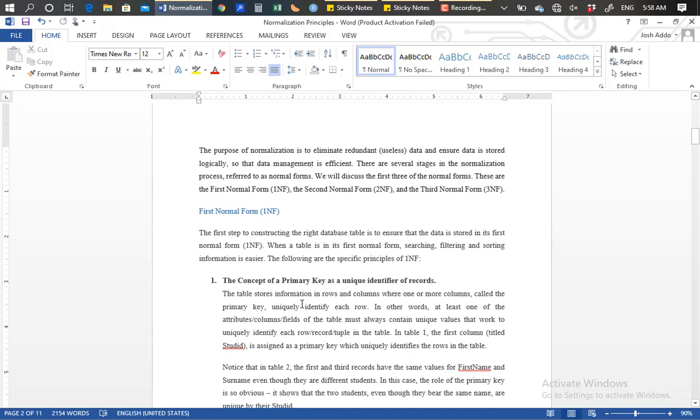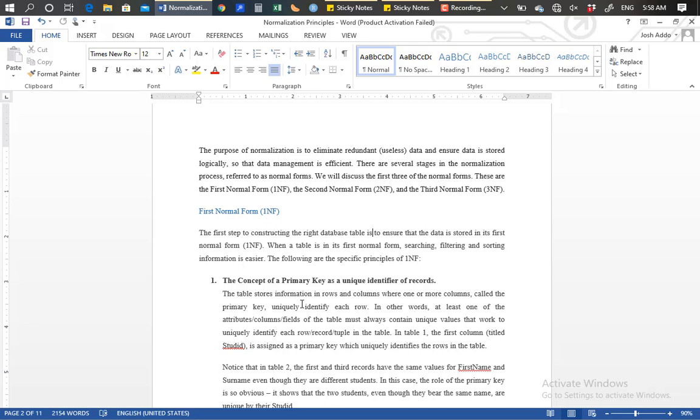The first normal form basically is saying this. When you create a table, we know that table is made up of columns and rows. The first column will contain the headings under which you will capture information for each record.